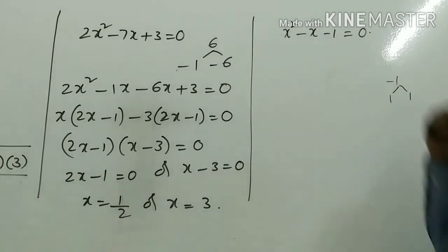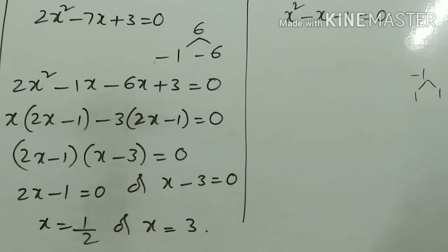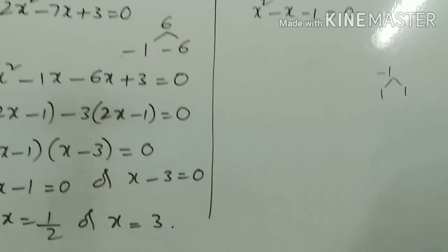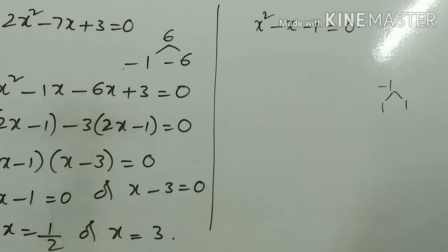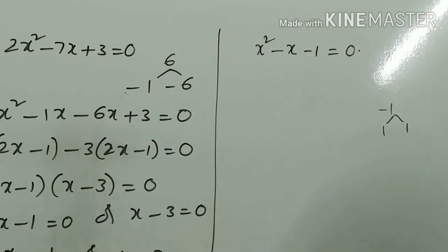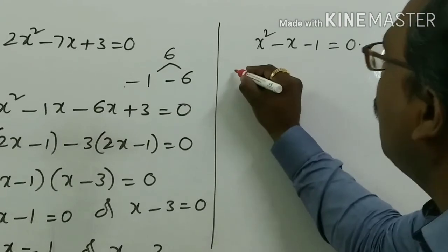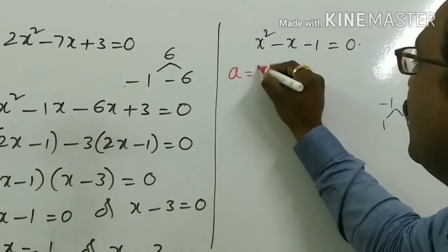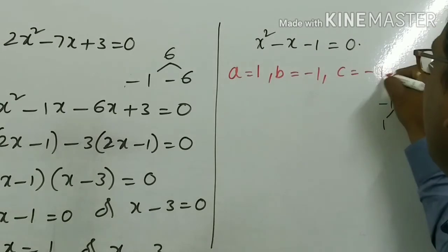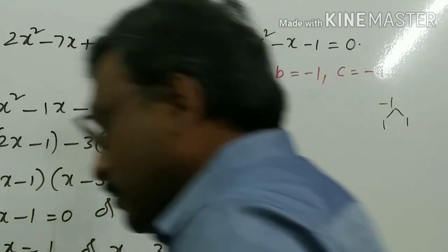So, how to solve this type of equation by using the factorization method? No. You should go with either the completing the square method or the best method, the formula method. Then I am writing here the coefficients. A is equal to x square coefficient, which is 1. B is equal to minus 1. C is equal to minus 1.